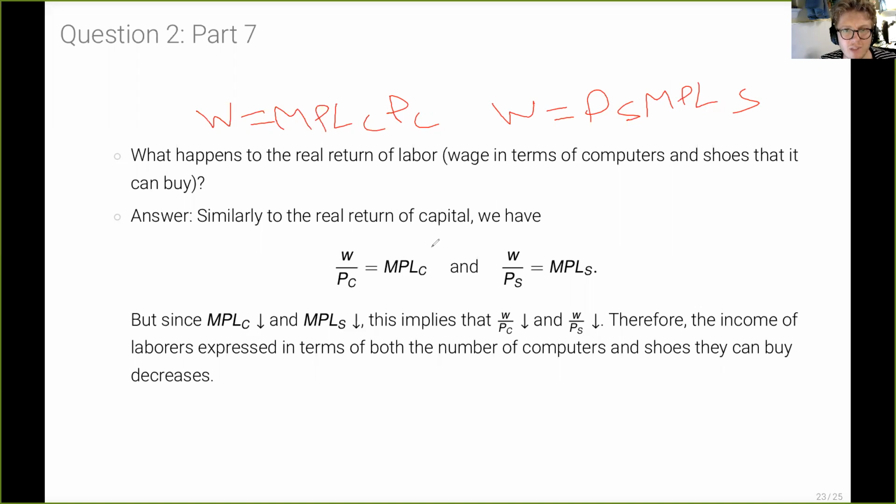However, since there are relatively more workers in both computers and shoes now, when we open to trade, the marginal product of labor has decreased. And so now the income of workers expressed in terms of the number of both computers and shoes they can buy has decreased.